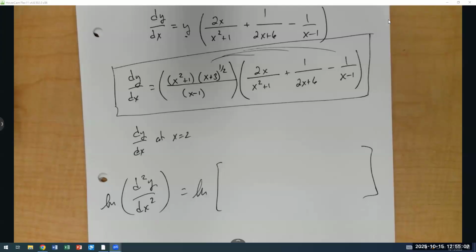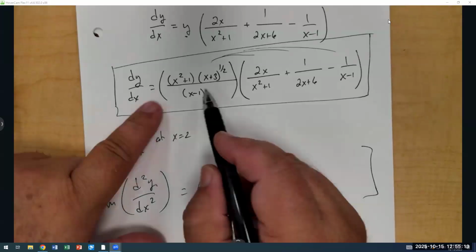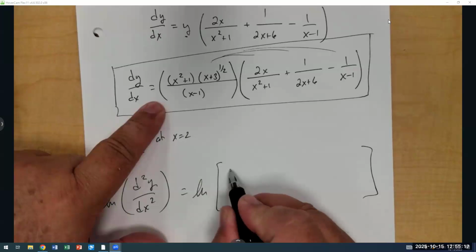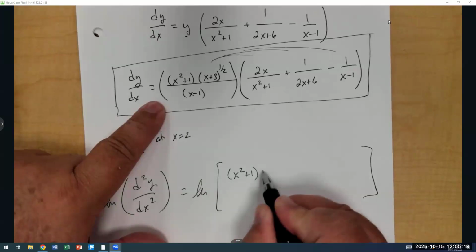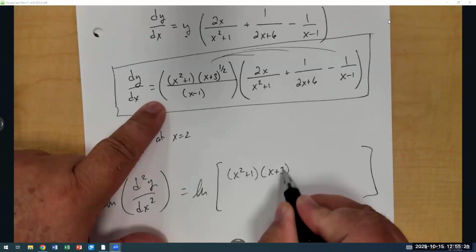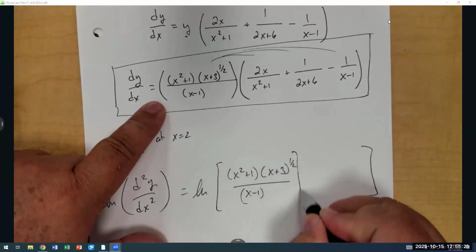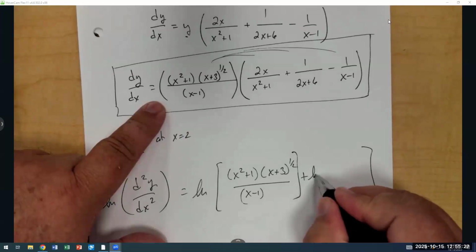Actually, let's look at this. Would it be that bad? Because since this is multiplied, we'd have the ln of this side plus the ln of this side.